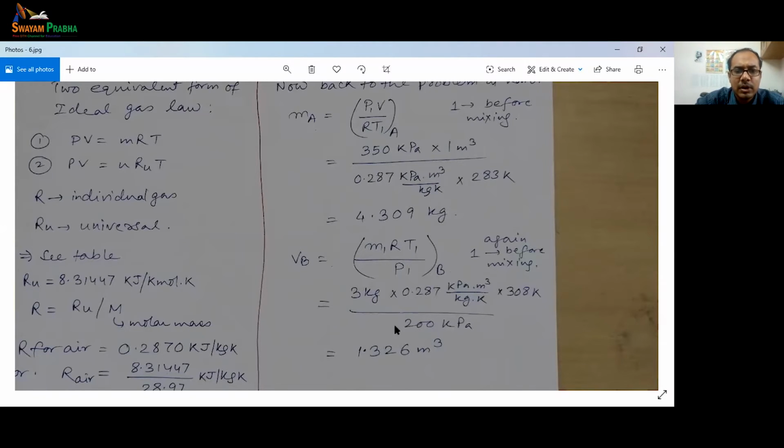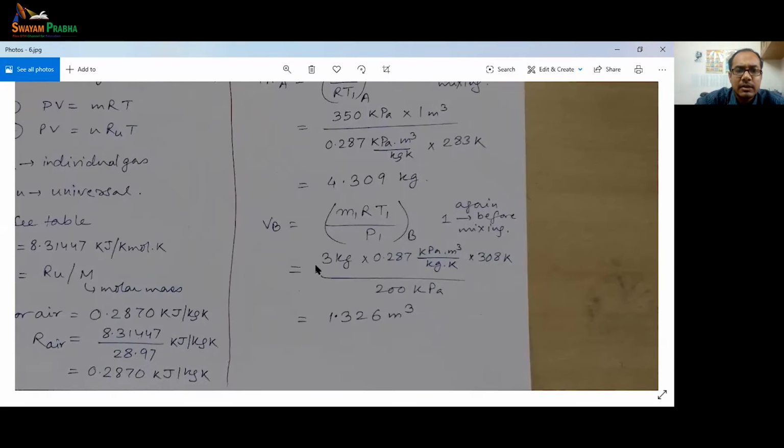Okay, straightforward. Now the second tank, what is not known is the volume, but we know the mass. So we can now write the ideal gas equation in this form, so that the volume is on the left hand side and the mass, temperature, pressure, everything is on the right hand side, and R is the same because it's air again.